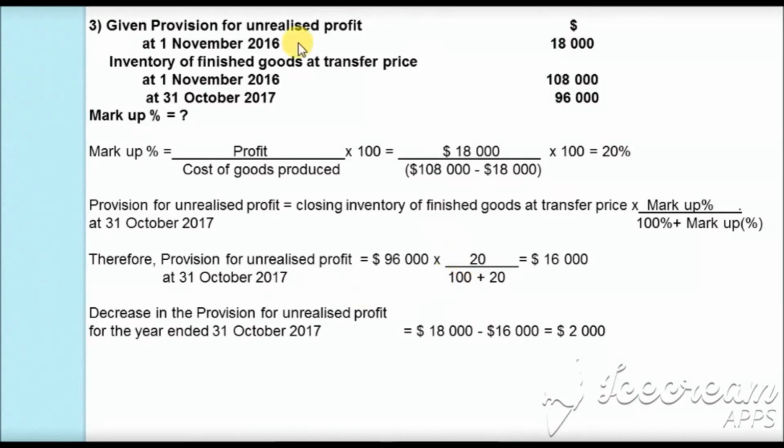Here, the provision for unrealized profit from 2016, which is 18,000, have been reduced in 2017 to $16,000. So there is a reduction of $2,000, and this will be added to the factory profit when we make the income statement. With this, we have completed all the workings for manufacturing accounts as well as for income statement.